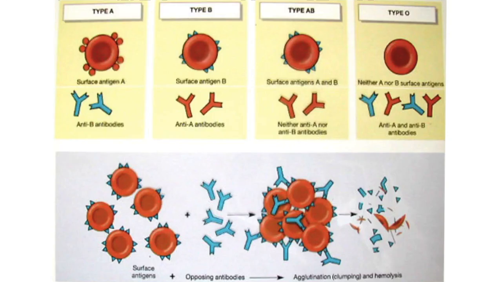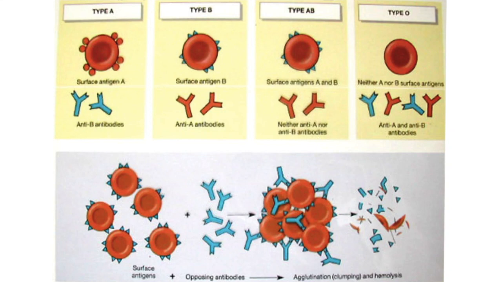Here you can see the blood types. Here you see blood type A on the red blood cell. So if I have blood type A, I'm going to have a surface antigen, which let's say is round. Well, I will have anti-B antibodies. So if any blood type B gets in my body, basically my white blood cells, the anti-B antibodies, will try and break down that foreign blood.